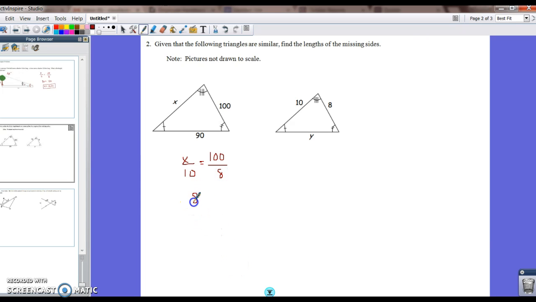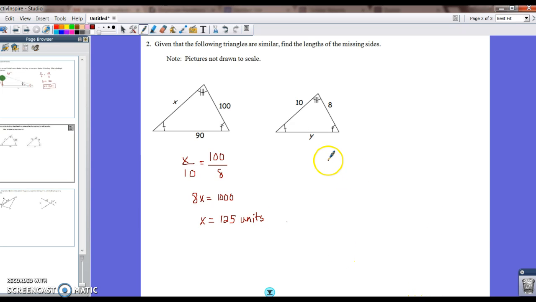So that's going to give me 8x when I cross multiply is equal to 1,000. And if we divide both sides by 8, we get x is 125. We didn't have any specific unit of measure here, so we can just say 125 units.